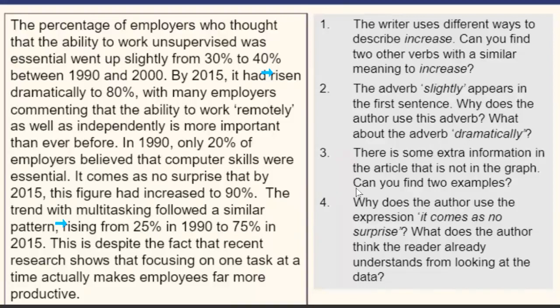Why didn't he say dramatically? He means slowly, I think. Yes, exactly. Slightly means just a little change, a slow change. Dramatically means that there's a lot or considerable change. So the opposite, yes.